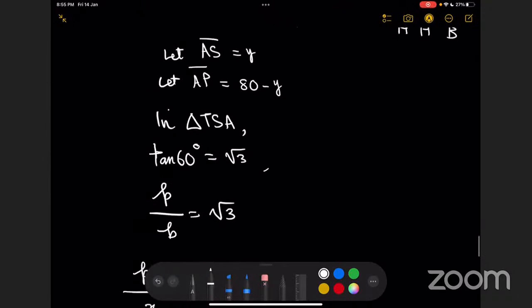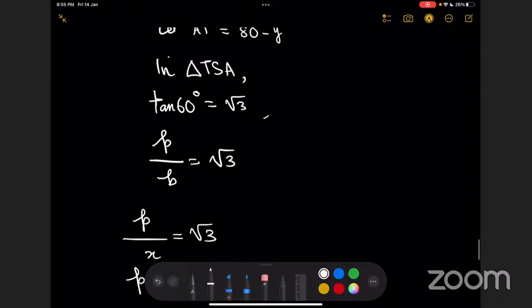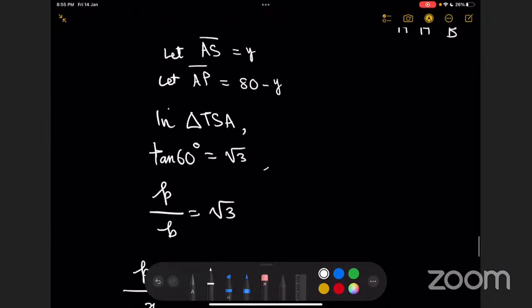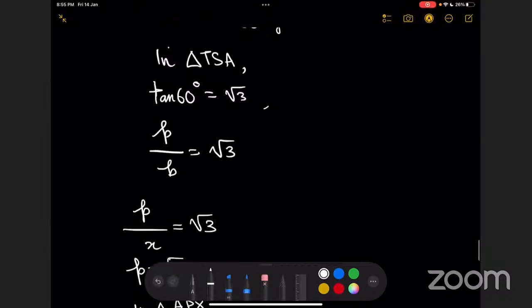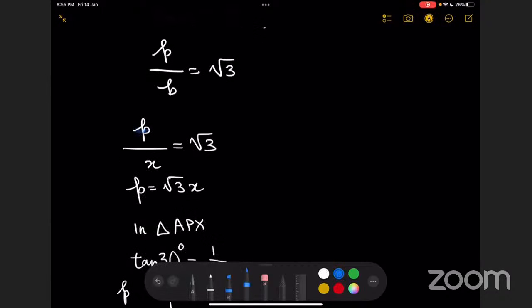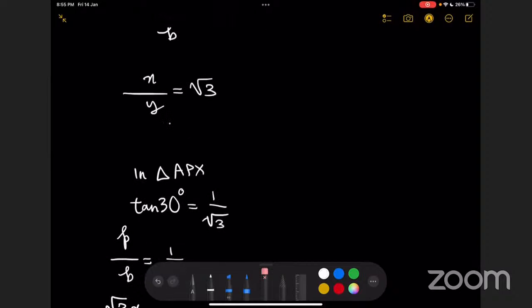Right. So tan 60 is root 3, which is p by b. The perpendicular, we don't know the perpendicular, that's x. So x upon the base, which is y, and so x equals root 3y.